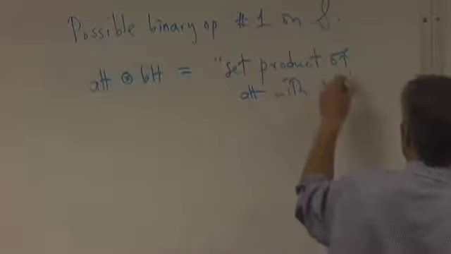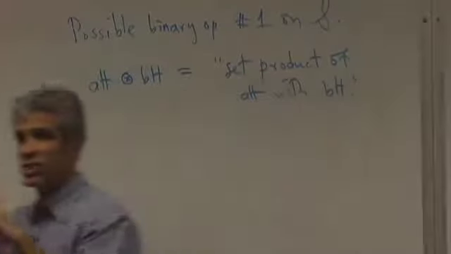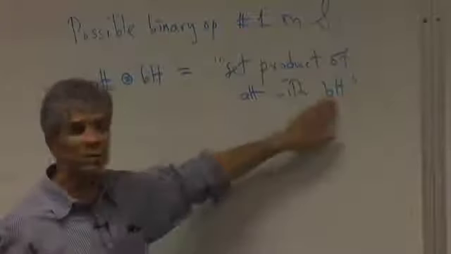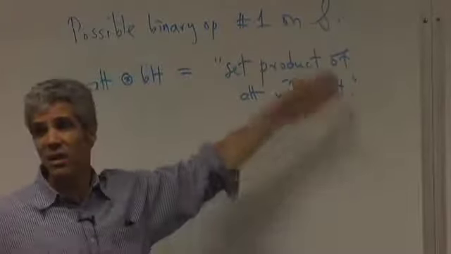And set product simply means exactly that process I just described in words. Take everything in this set and simply combine it with every possible thing in this set and see what you get.